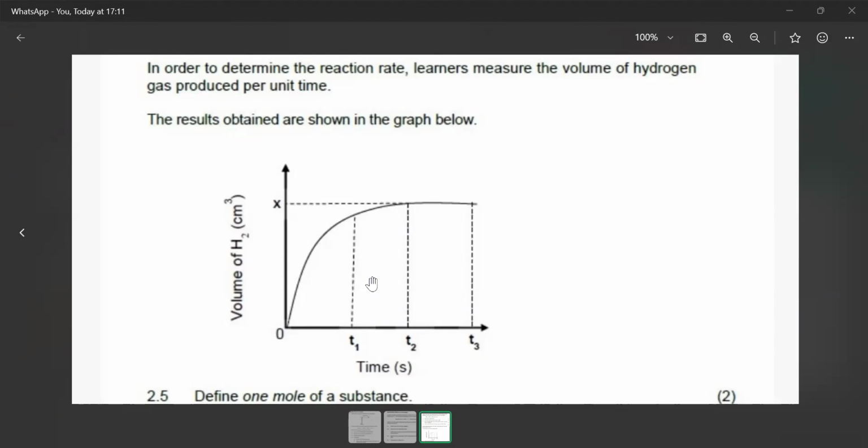But you can define it in terms of the number of moles, the concentration, or the volume. If you define it in terms of volume, you say it is the amount of volume that is produced per unit time.